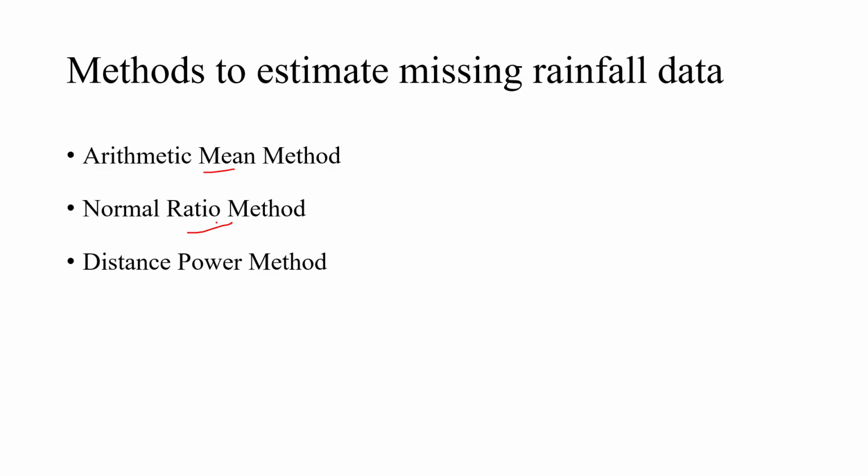It is a classical method that accounts for long-term differences when the rainfall data is very different, and we will see how much difference there is when we use the arithmetic mean method and the normal ratio method. And the third one, which we will also discuss, is the distance power method, also known as inverse distance weighting.